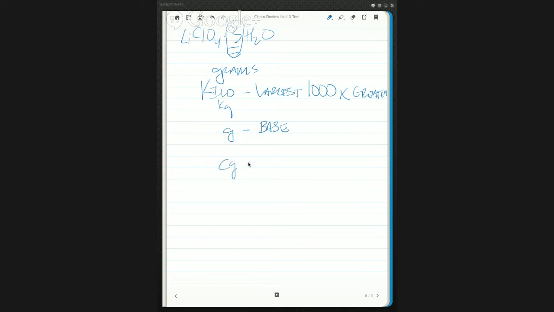So if you had centigram, which we don't use very often, centi is 100 times smaller. And then milligram, which is used frequently. I'll write these out here. Milligram is used a ton in chemistry.